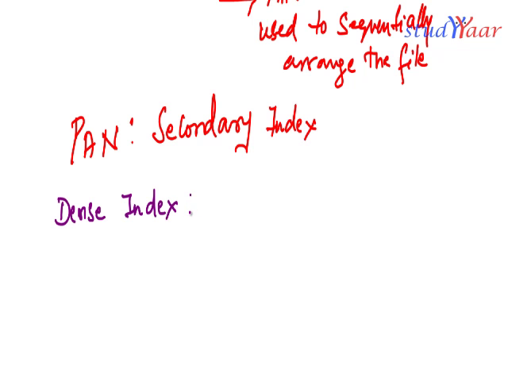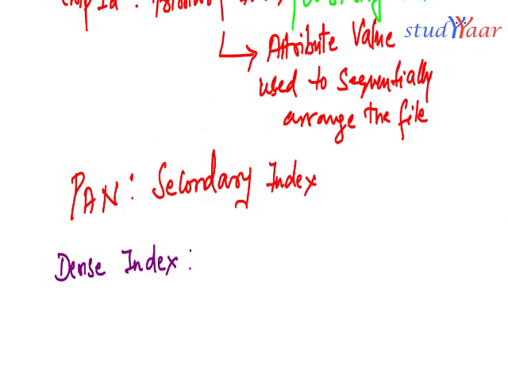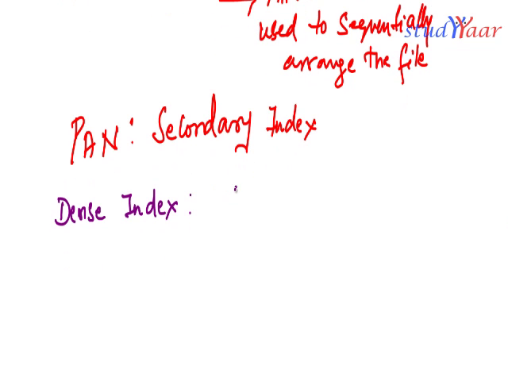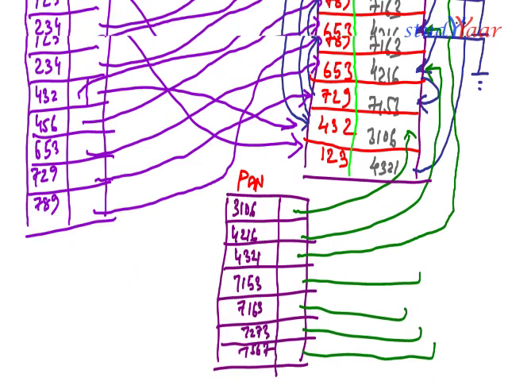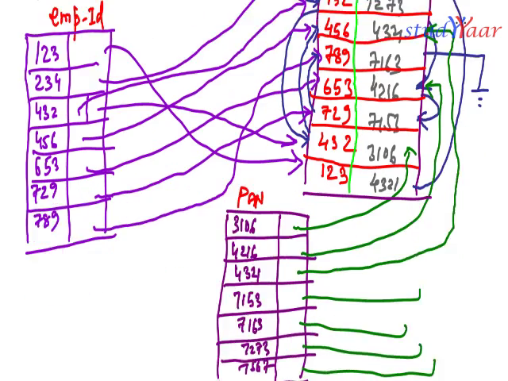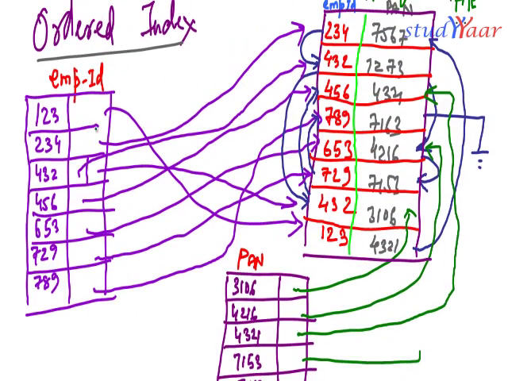A dense index has an entry for every possible search key value. So these two are dense indices because they have all the values which the file has.